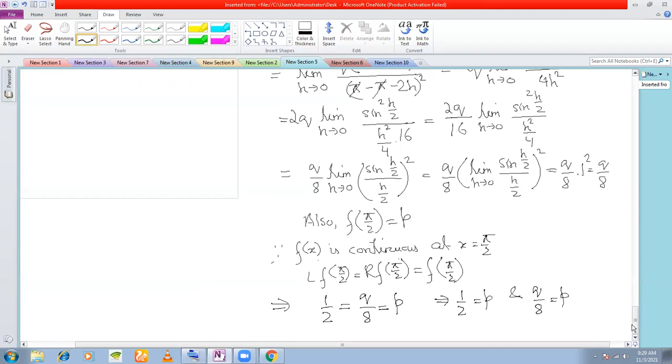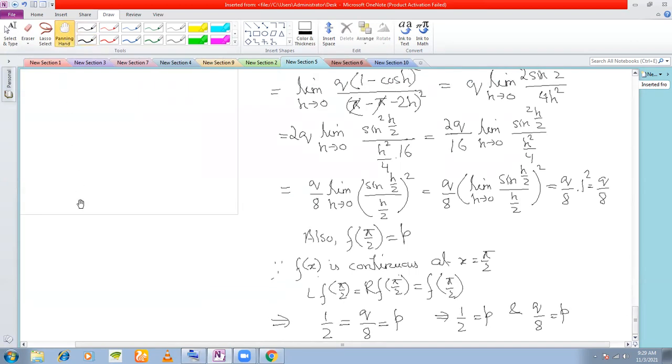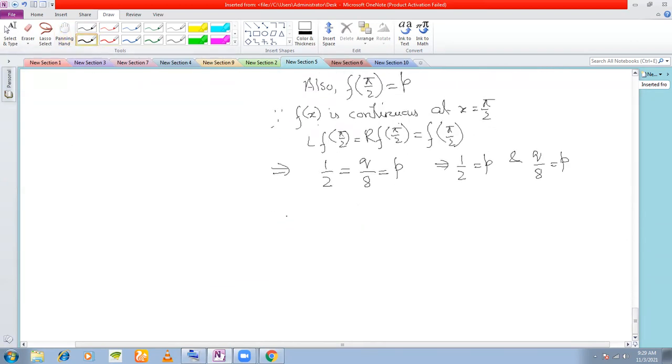Therefore q by 8 is equal to p, put the value of p: q by 8 is equal to half. That means q is equal to 8 by 2, which is equal to 4. So hence the values of p and q: p is equal to half and q is equal to 4.